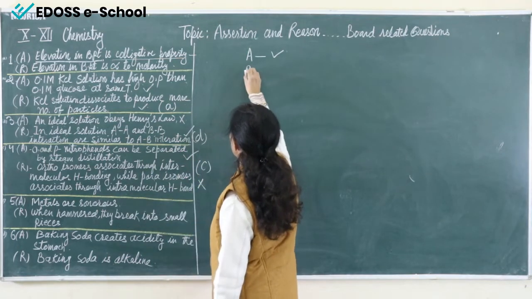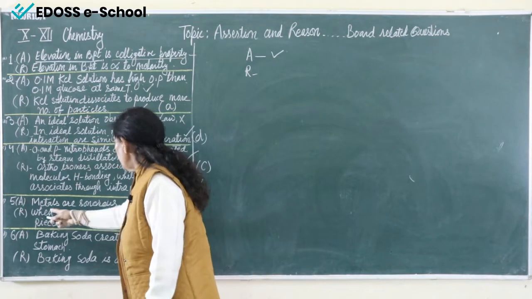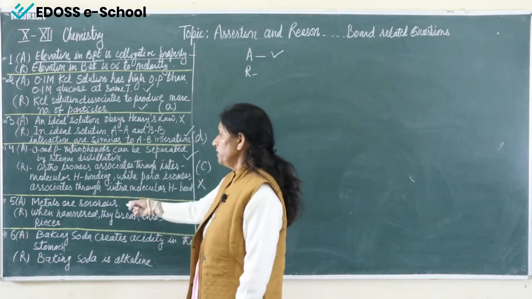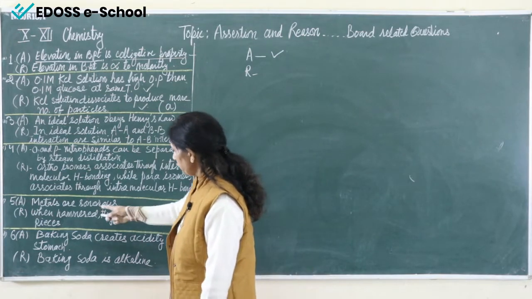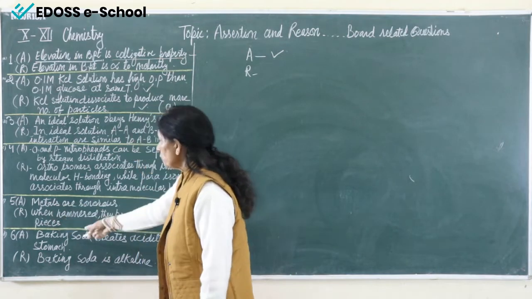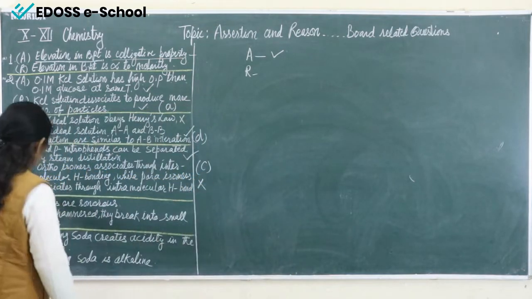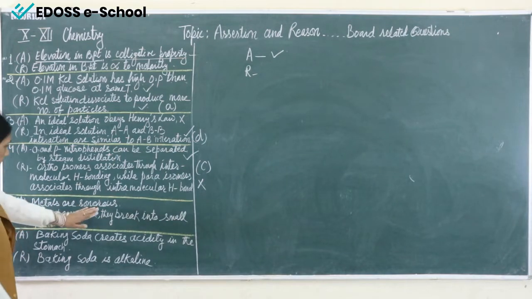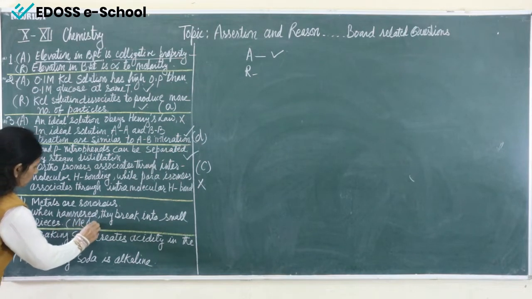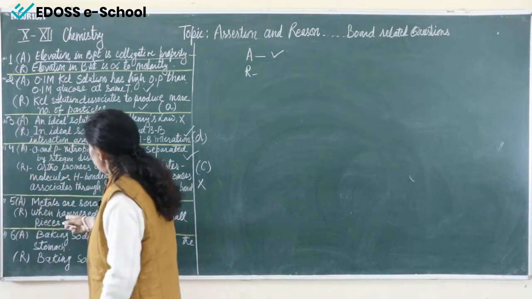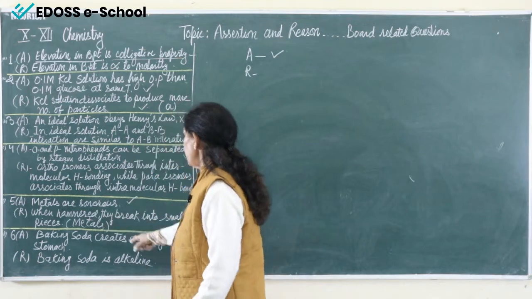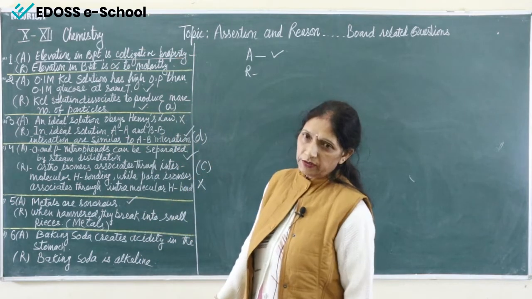Now coming to the reason. Reason is when hammered, they break into small pieces. If you take a piece of metal, now we have to see whether when hammered, they break into small pieces. Actually this explanation is about the metals. Now, when hammered, they break into small pieces.